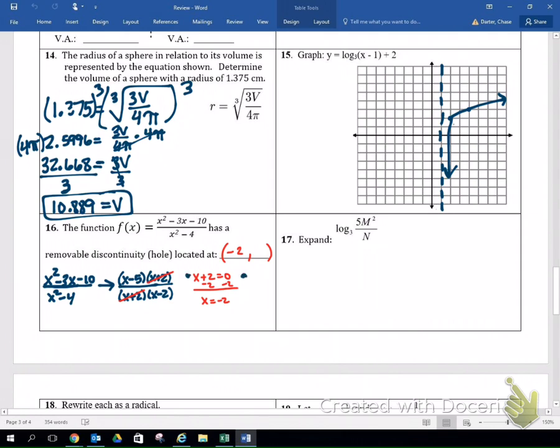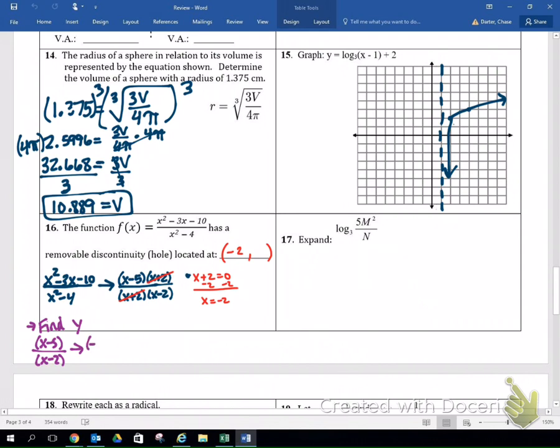To find y, if you know the x value, you need to plug it in to what's left over. So I'll go down below, I won't go next to it. So we're left with x minus 5 over x minus 2.